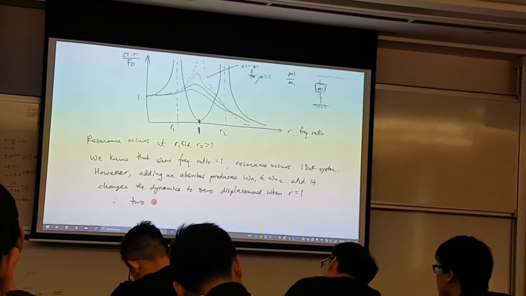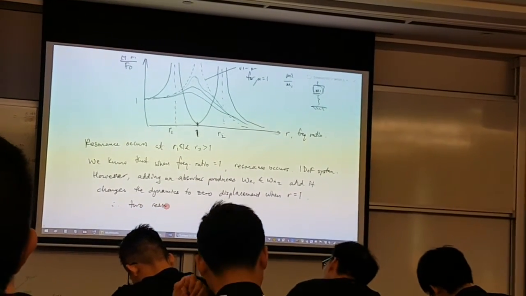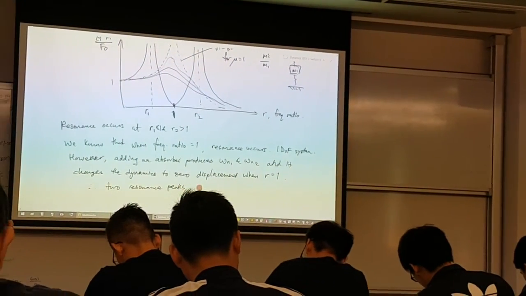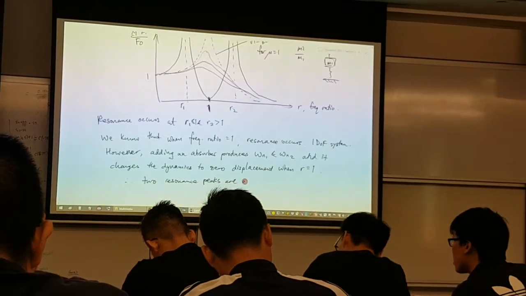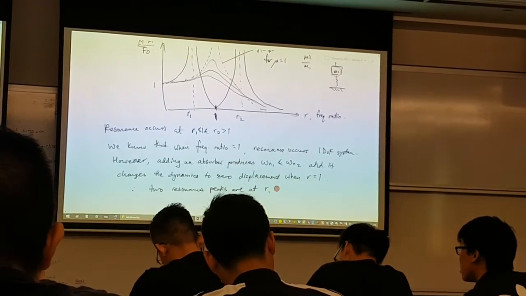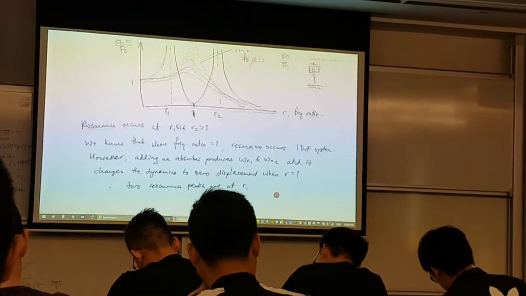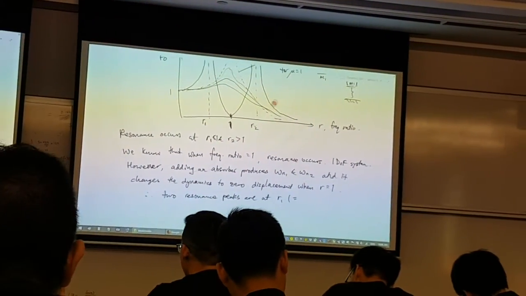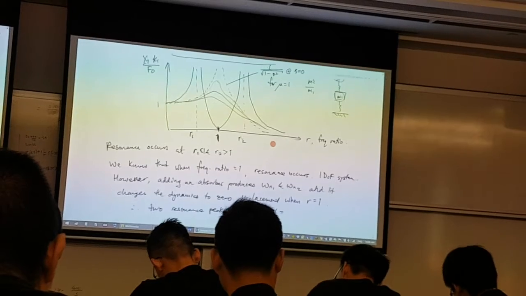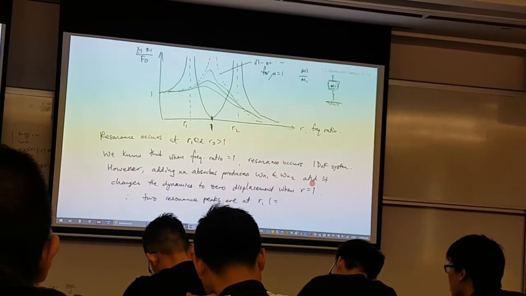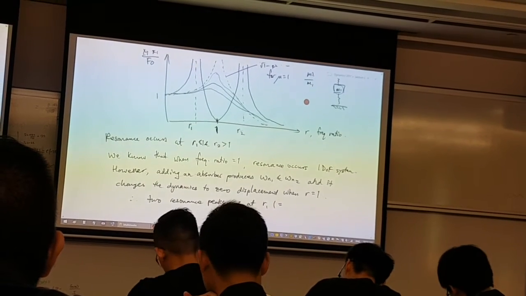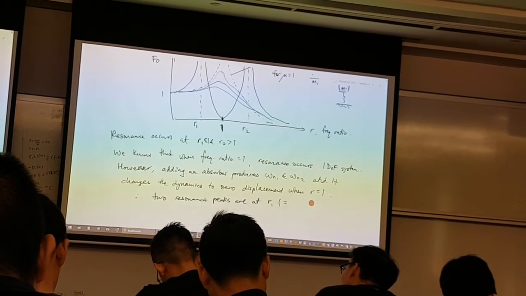These two resonance peaks, the two peaks of R1 and R2, particularly in the case where mu is equal to 1, that means the mass M2 is equal to the mass M1. You can substitute it in there.